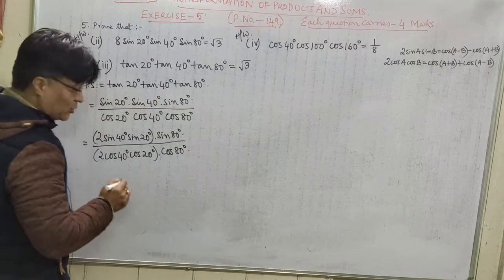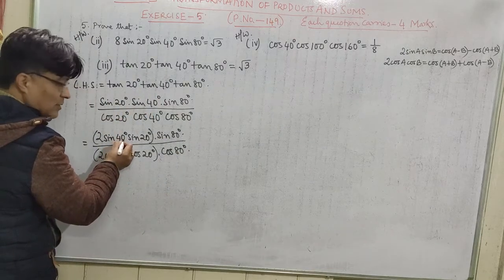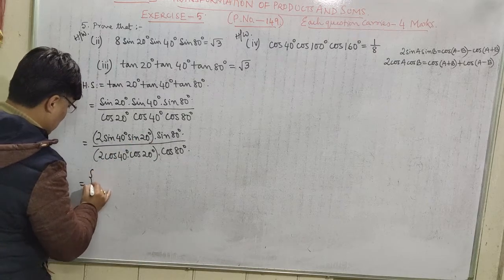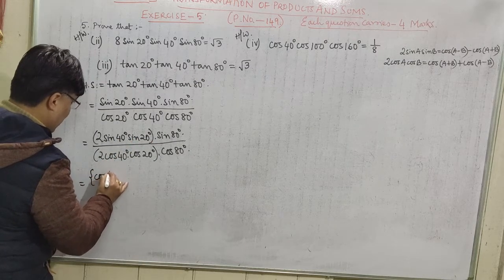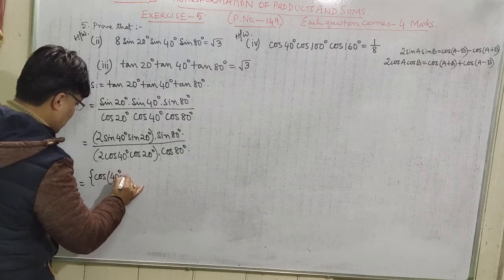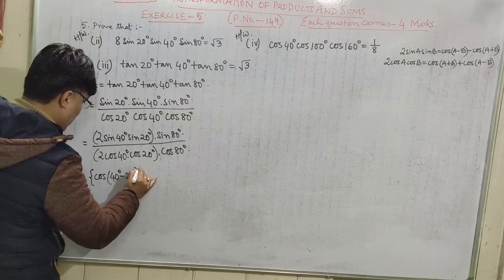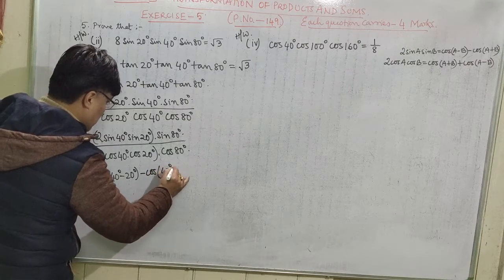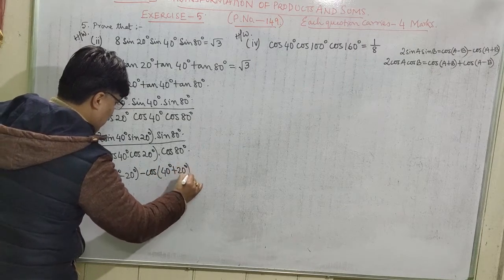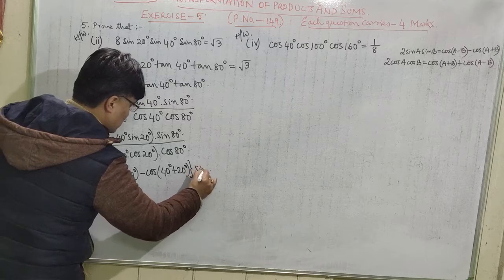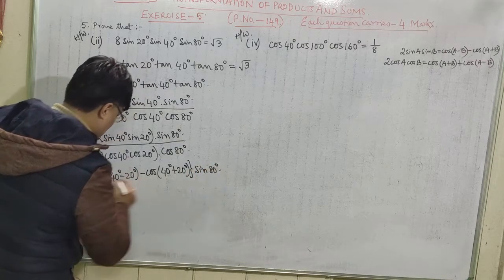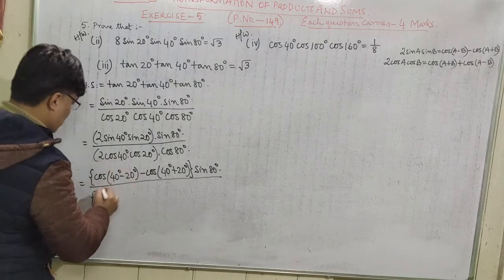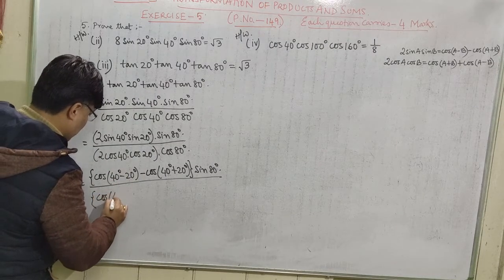Cos of A minus B minus cos of A plus B. Here A is taken as the greater angle, that is 40 degree, and B is 20. So which is equal to cos of (A minus B, 40 minus 20) minus cos of (A plus B, that is 40 plus 20 degree), second bracket close, into sin 80 degree. So whole divided by, in the denominator also, this is 2 cos A cos B. What is the formula? Cos of A plus B.